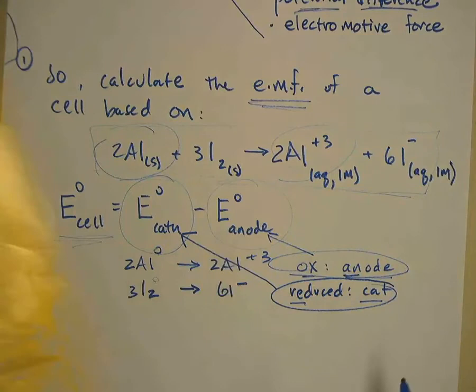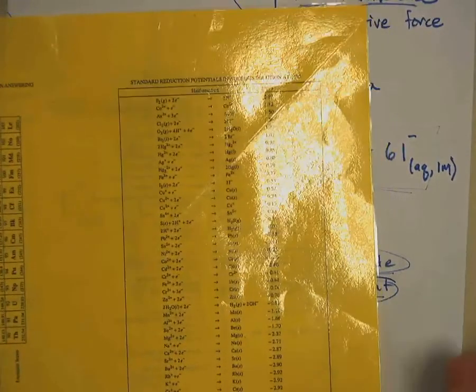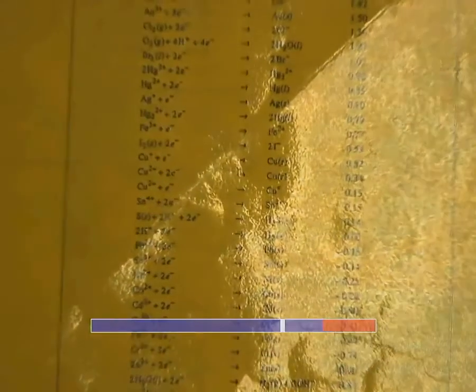Where do I find these standard reduction potentials? Well, the best place to look is on the yellow periodic table, because that's what you're going to have to use in the test. Now, not everything is given on here, and so occasionally you have to look in Appendix E in the back of the book, or there's some given in Chapter 22, and we'll do that in another sample exercise in a second. But the ones we're looking for here are aluminum and iodine. And if I zoom in on this just a little bit, we'll be able to see them.